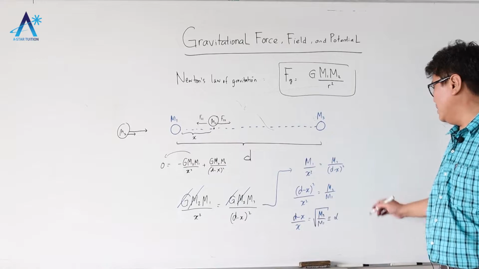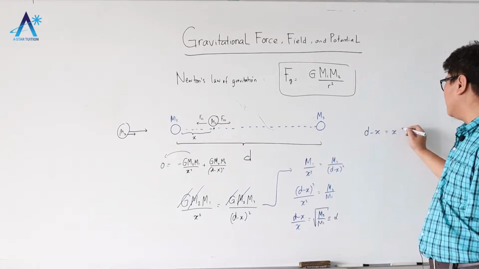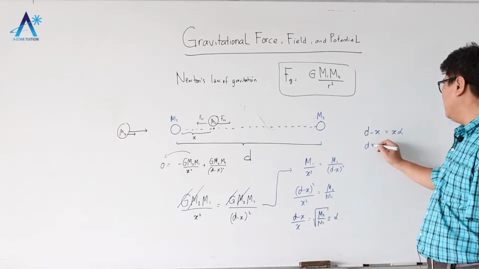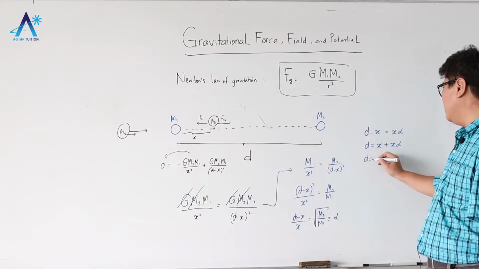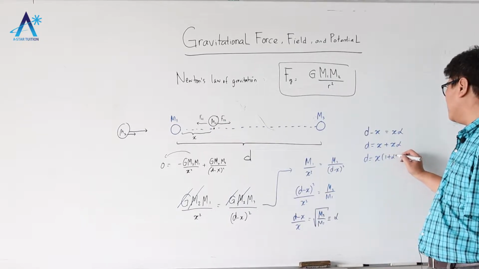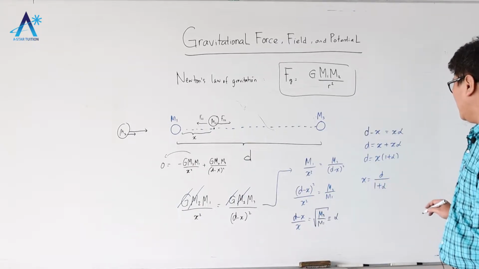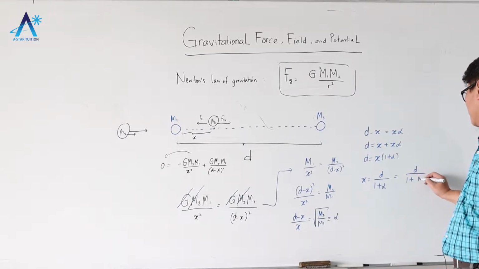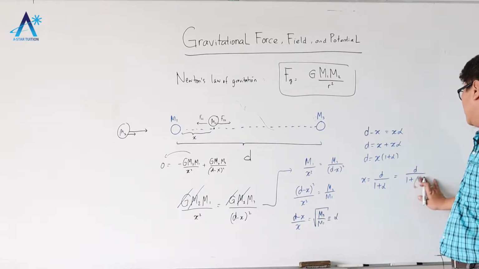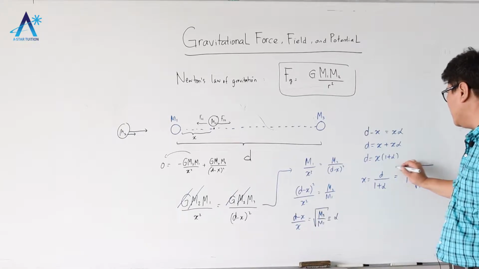Then you cross multiply: d minus x equal to x alpha, d is equal to x plus x alpha, d equal to x times (1 plus alpha). So x equals d over 1 plus alpha, aka d over 1 plus the root of m3 over m1. So this is the x.